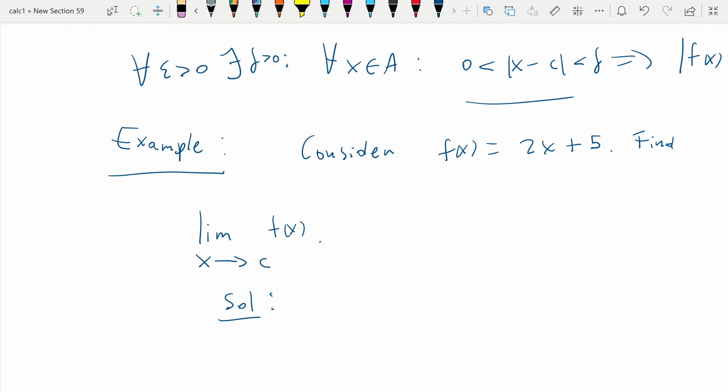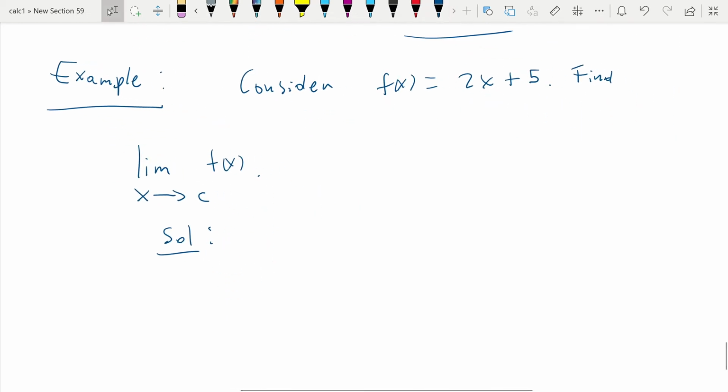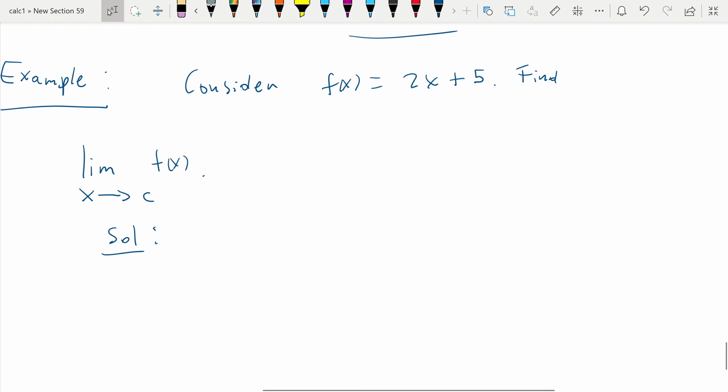So for the solution, again, the first thing to do is to find a candidate for the limit.